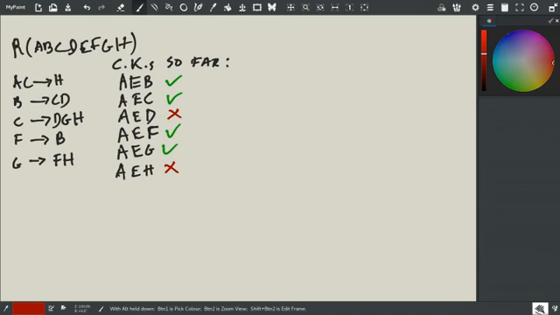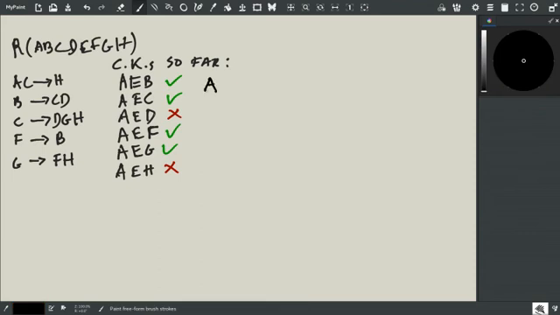So let's try that with AED. Let's combine it not with A, but with B. And let's see. Now we would have to take the closure of these. But if we look carefully, we will see that this key here is a superset of this key.